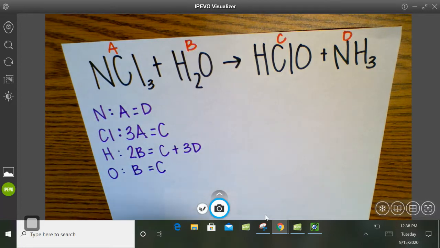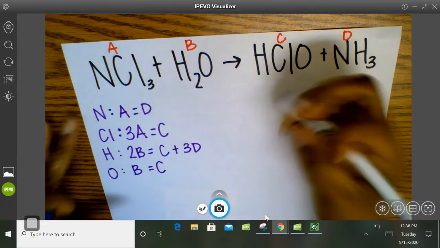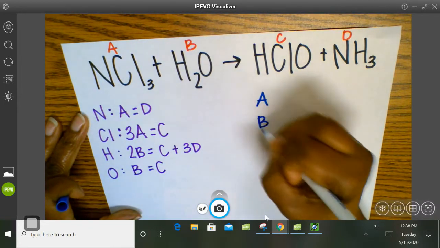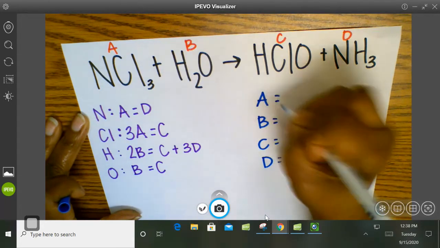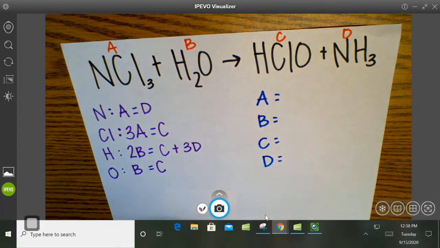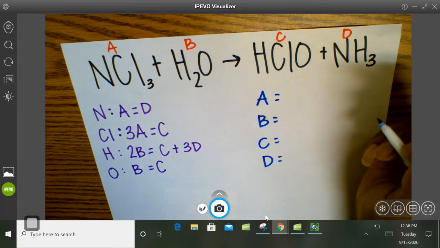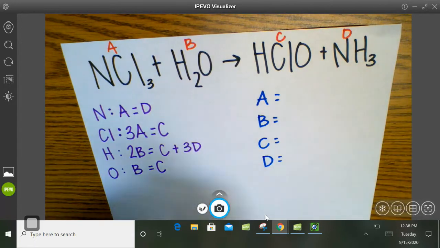All right, so here we go. I'm looking at this and I'm like, okay, we can do this. So we go A, B, C, and D. All right, so looking at this, I need to make one of these equal to the number 1.